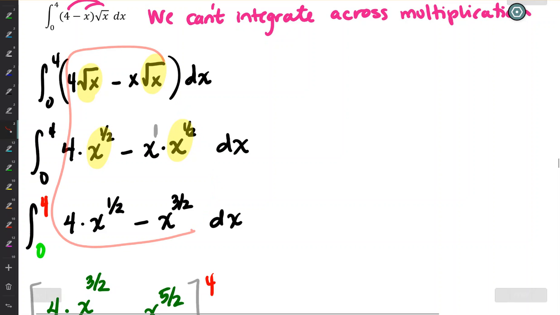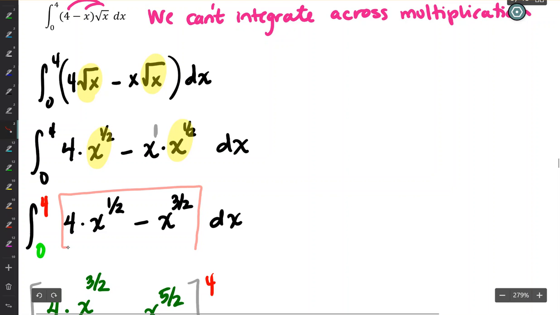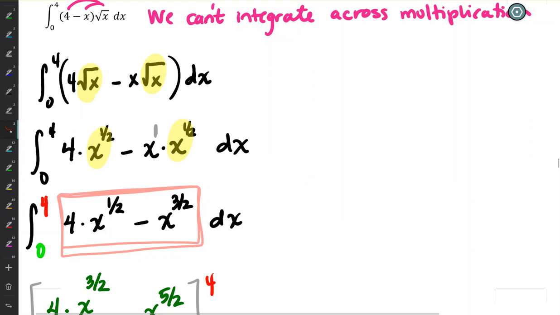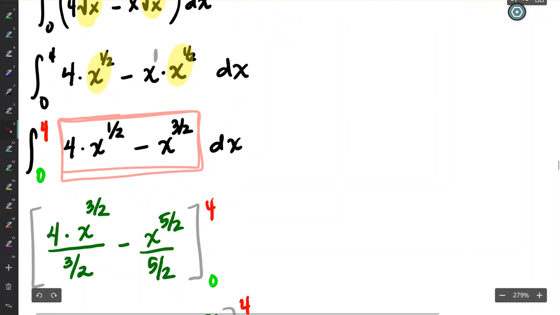Now I'm going to do my calculus. So we're going to come up with an antiderivative for this function. No plus c needed here. And then we're going to evaluate it at the endpoints. All right, so the integral of this constant 4 times the function of x is that constant 4 times power rule in reverse.